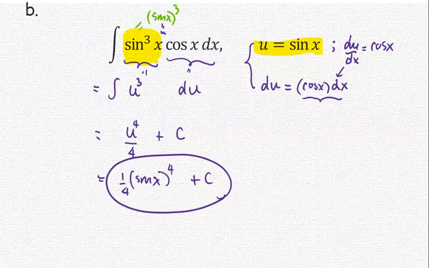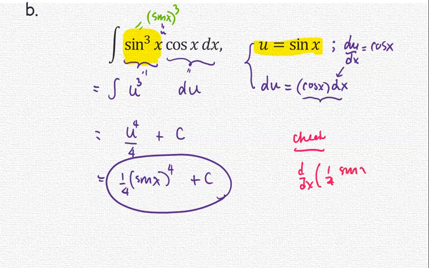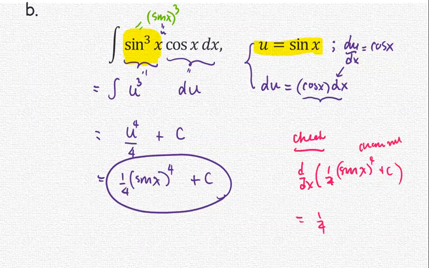We did not check the solution. We can check the solution real quick. Okay, what is the derivative of 1 over 4 times the quantity sine x to the power 4 plus c? The constant multiple 1 over 4 doesn't change, it stays as 1 over 4. For the power 4, this time we're going to use the chain rule because you have the quantity raised to a power.